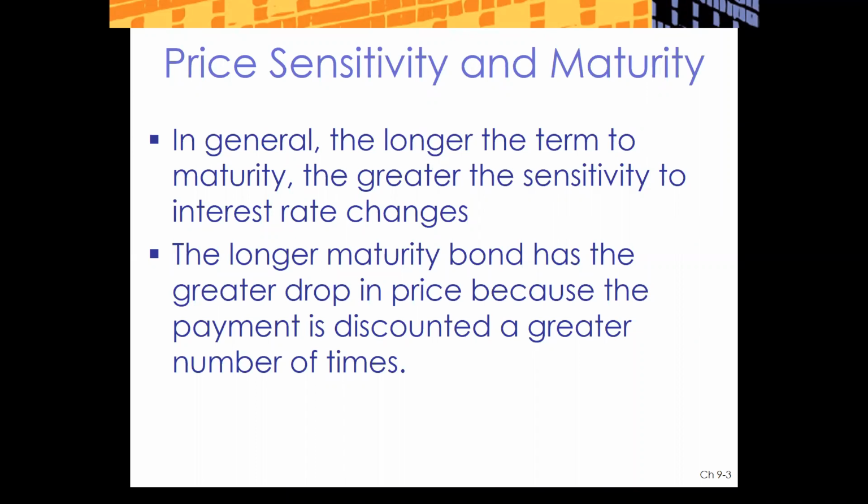Like if it's quarterly compared to annual, the more frequent it happens, the more discounted it will be. So the more the price will go down, or vice versa. We know there is an inverse relationship between the bond value and the YTM.